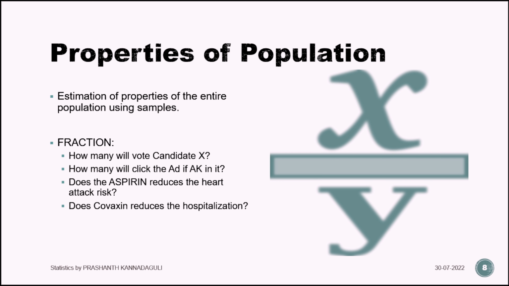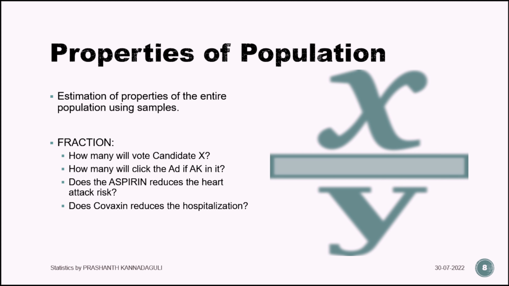Whatever opinion you get from these 100 people, the samples, you should gather so much information that you are able to predict the actual result that corresponds to the 10 lakhs, the size of the population. So estimating the properties of the entire population by using just a few samples is the major objective behind this.